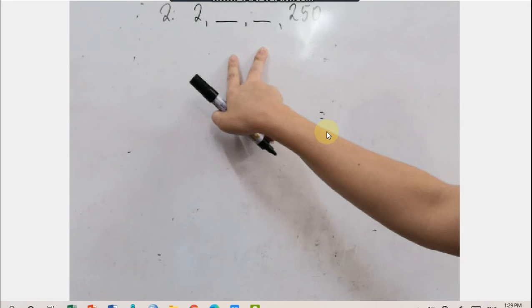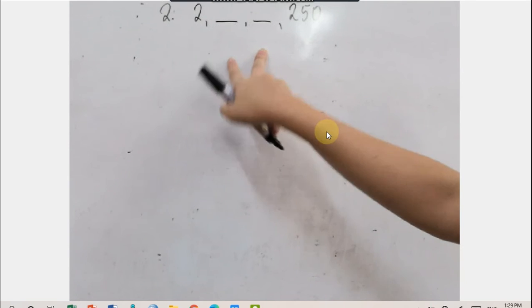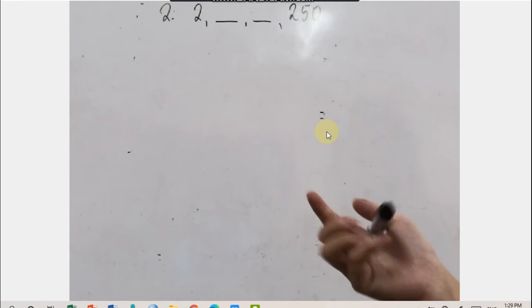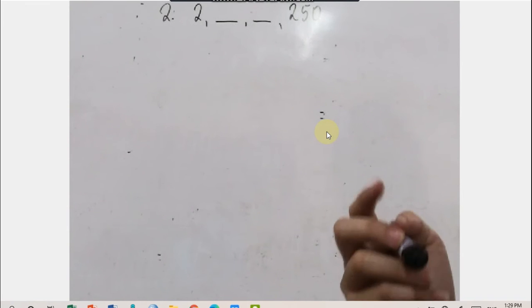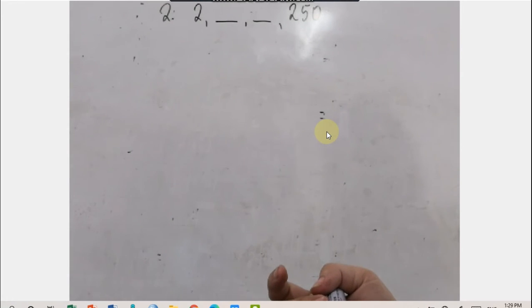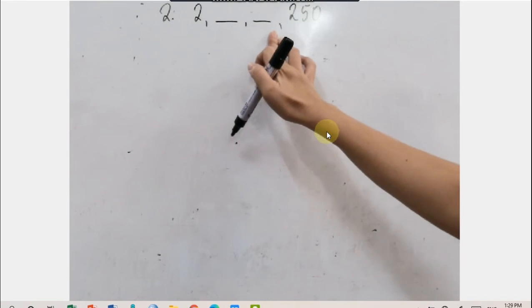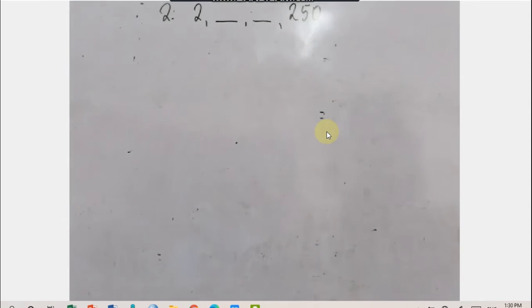If we have this kind of problem, we are not going to use the square root of the product of the extremes, but instead, we are going to use the common ratio of the given sequence, because that is easier. We use the square root of the product of the extremes if the number of missing terms is odd. But since it's not odd, we are going to use the common ratio.